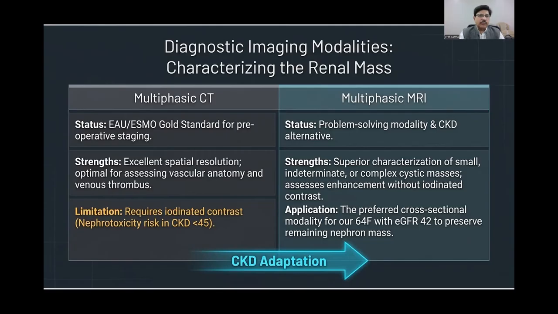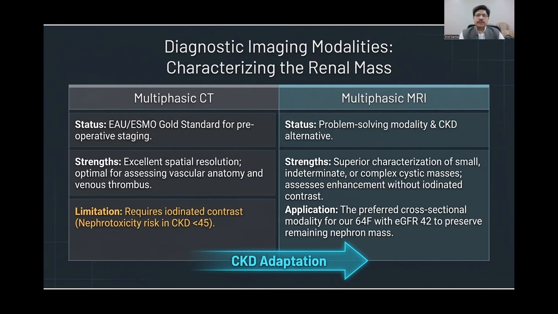If I have to do multiphasic CT, I have to give an iodine contrast dye. This patient already has an eGFR which is less than 40, so I can't risk giving an iodinated contrast. In such a scenario, what do I do? I have to do the multiphasic MRI. Here, it is the problem-solving modality, the CKD alternate.